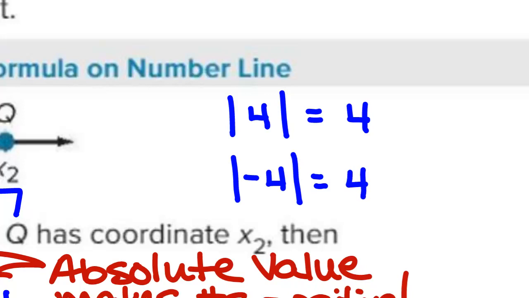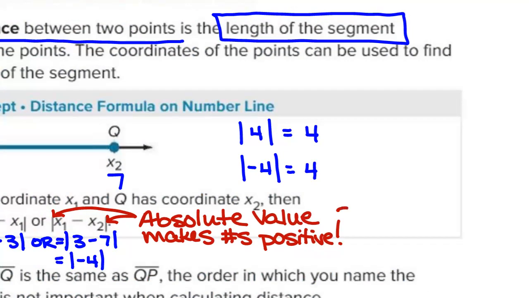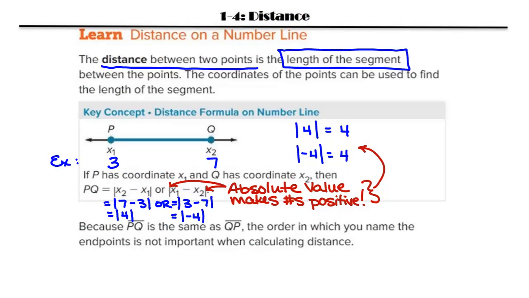So the absolute value of -4 is also 4. It's going to take our value and make it positive. So if it's already a positive, we're just going to leave it alone. If we get a negative number, absolute value is going to change it and make it positive.